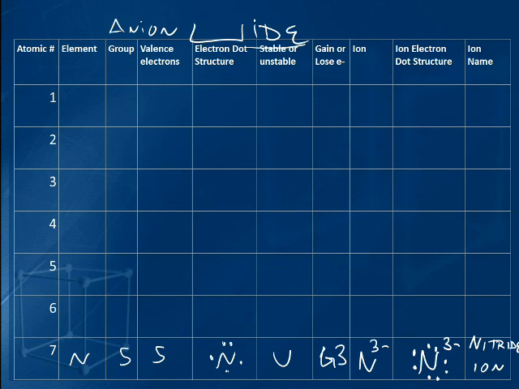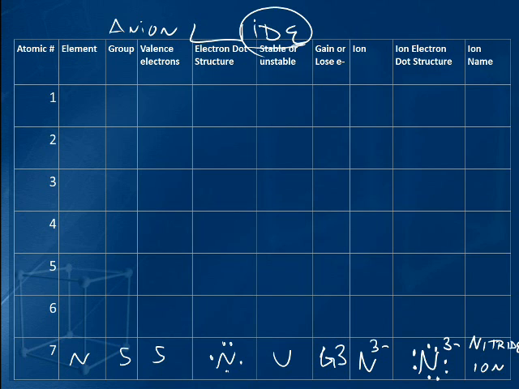So instead of nitrogen, it's nitride. Instead of fluorine, it's fluoride. Instead of chlorine, it's chloride. Instead of bromine, it's bromide. Oxygen goes to oxide. Sulfide from sulfur. Selenide, phosphide, nitride, etc. So you add that IDE. And that's just with the negative ones.